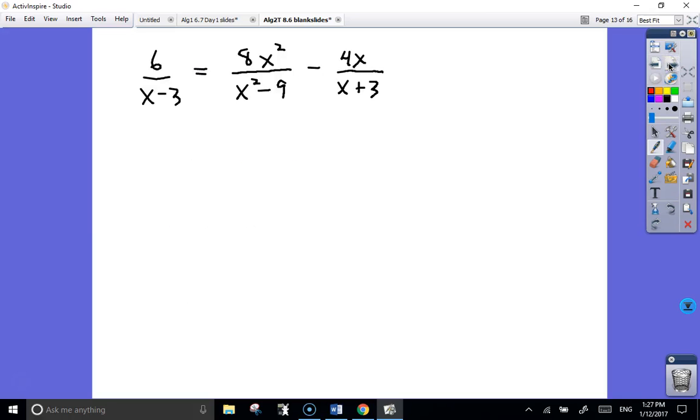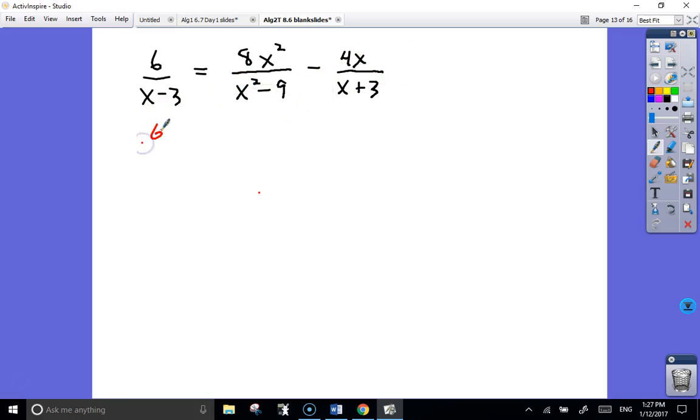Okay, so now here's the same problem, but we'll do it this other way. And you'll probably think it's easier if we do it this way.